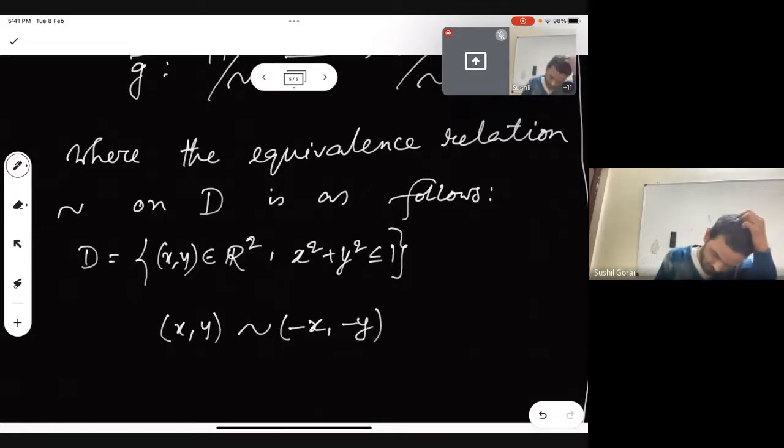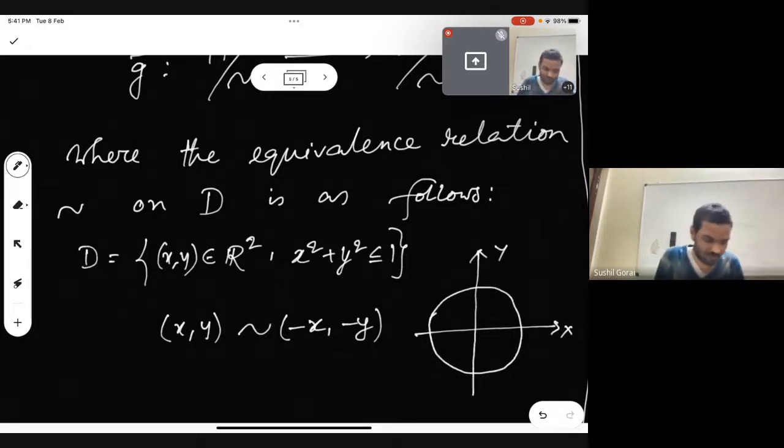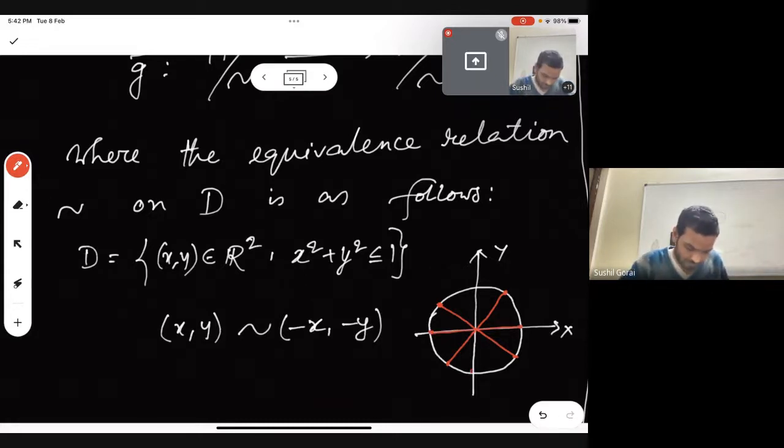Right. Of course. So this is D, and you are identifying this point to this point, and so on, each point to its diametrically opposite point.